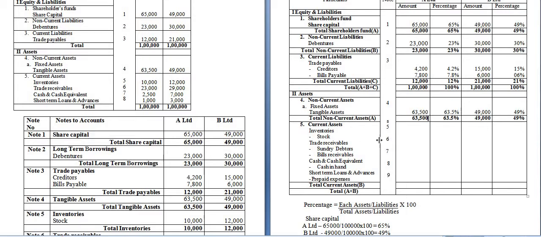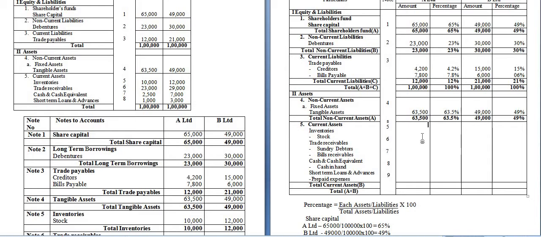Now next one is current assets. In current assets, the first one is inventories. Details of inventories are there in note 5. Inventories include stock. Okay, A Limited amount is 10,000 and B Limited it is 12,000.